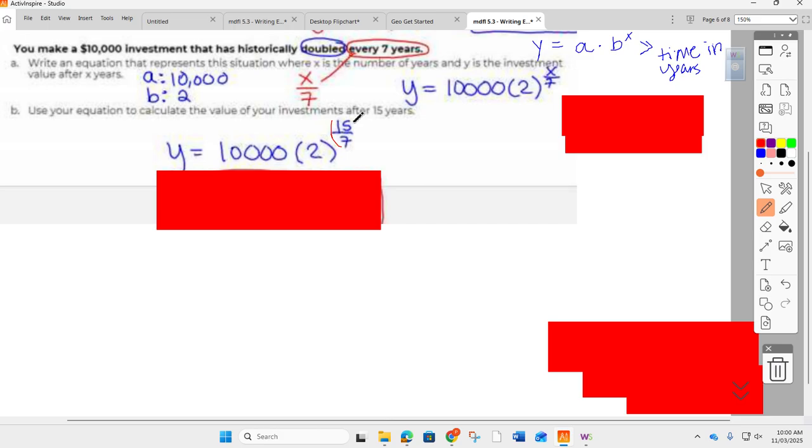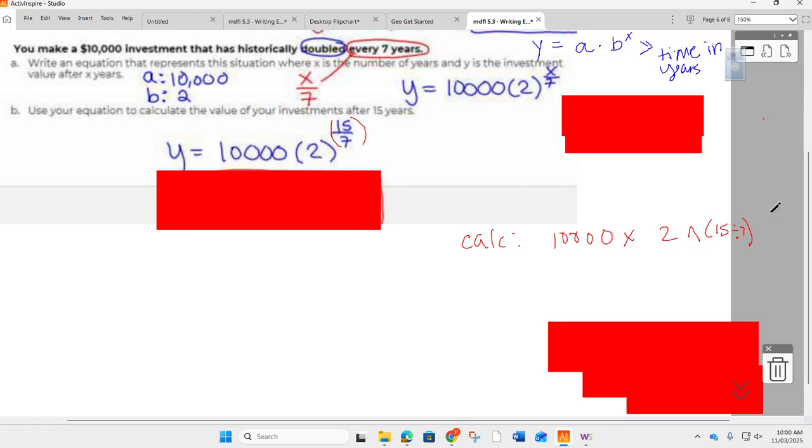So if you're on your calculator entering this problem, it would be 10,000 times the caret button, parentheses, 15 divided by 7, close your parentheses. Does that make sense, Connor?